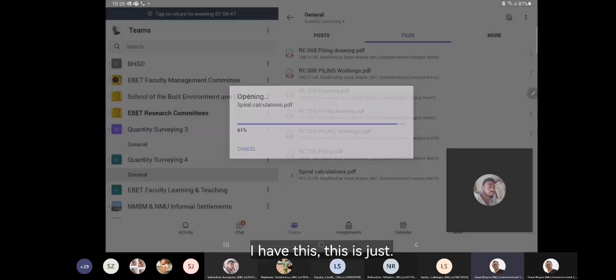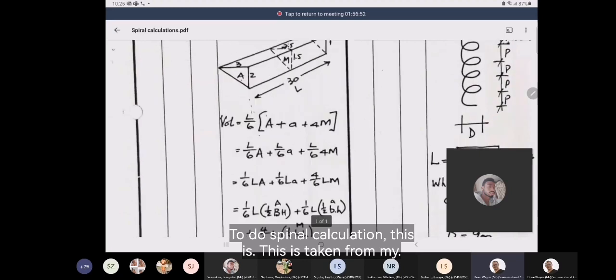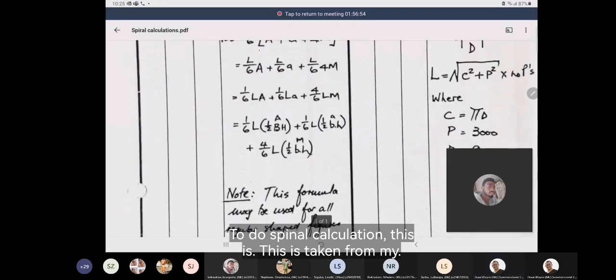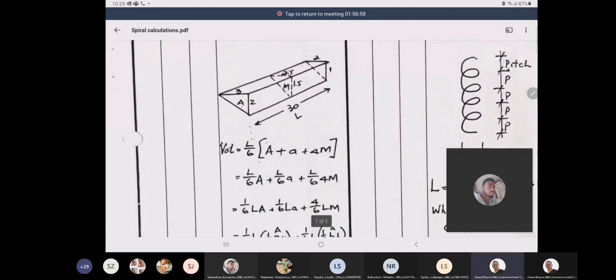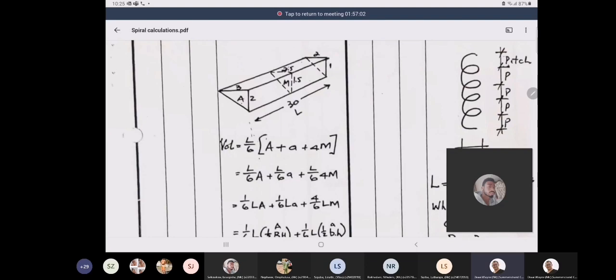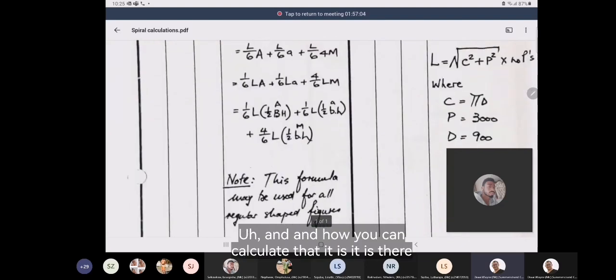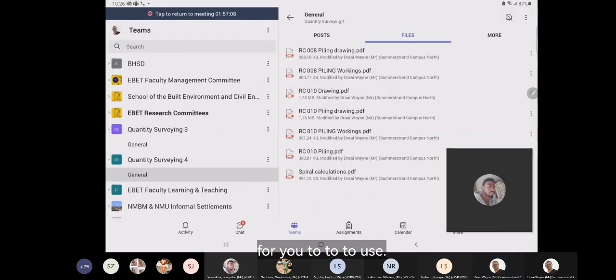Yes, this is just to do spiral calculation. This is taken from my first year notes that I've included, where you can see the spiral and how you can calculate that. It is there for you to use.